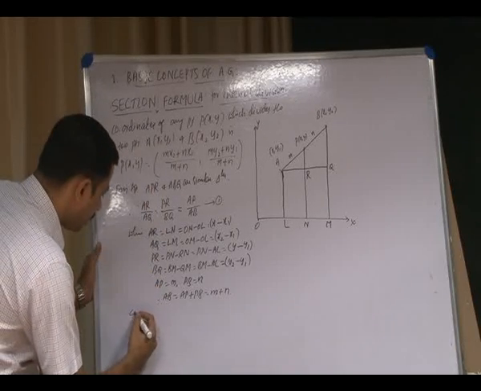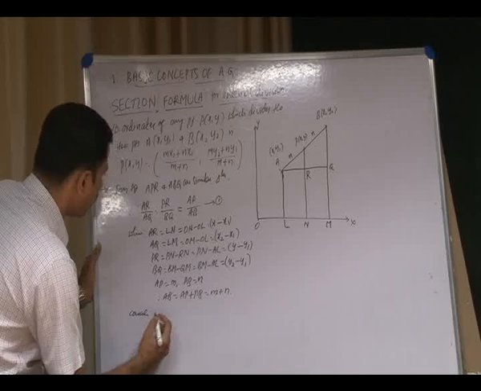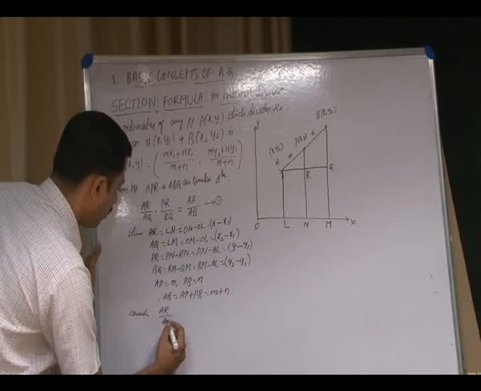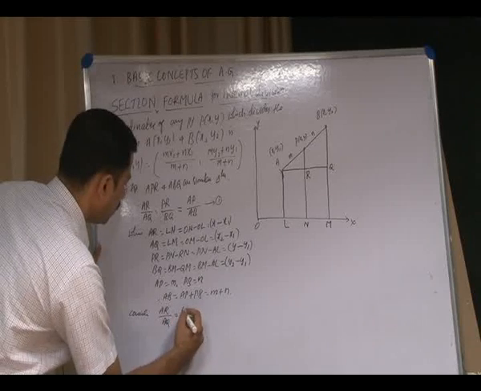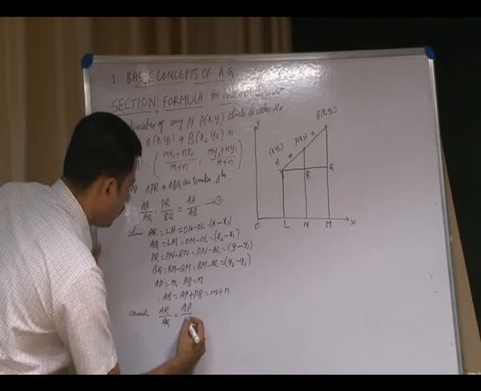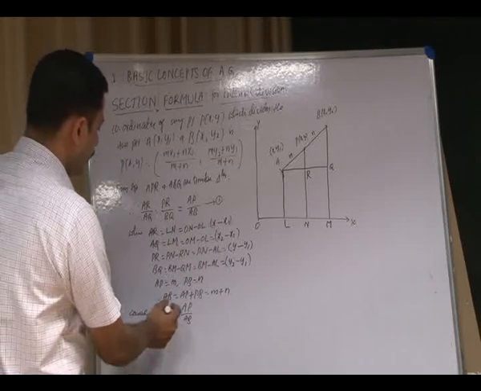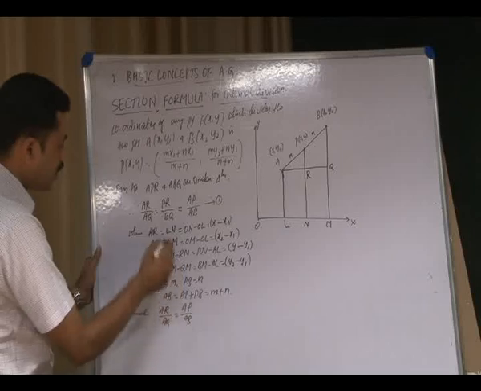So consider AR divided by AQ is equal to AP divided by AB from equation 1. I will substitute the corresponding coordinates in this equation.